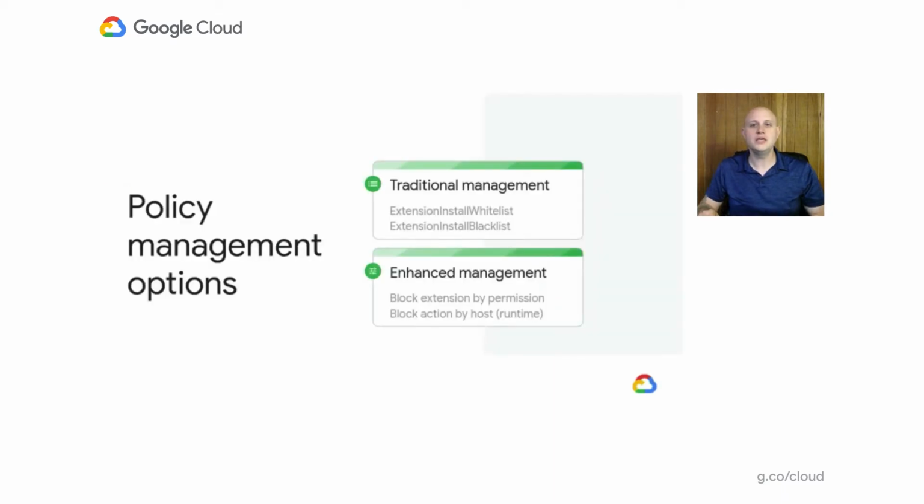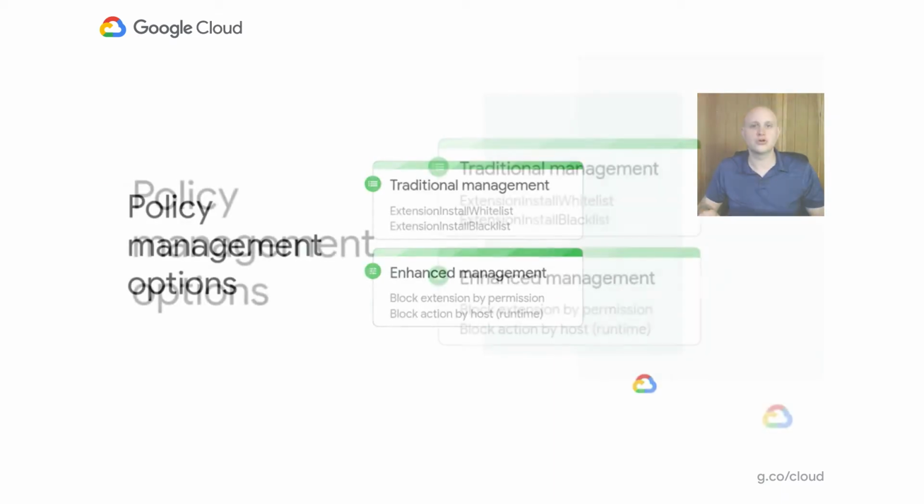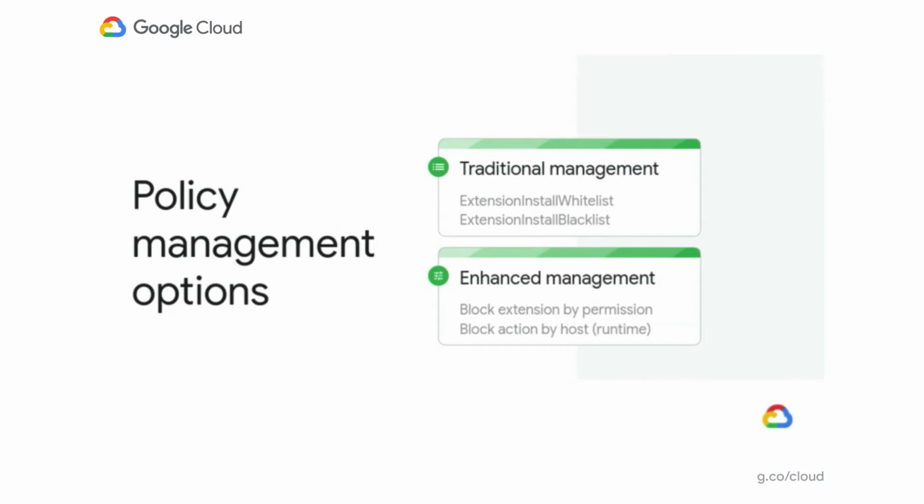The first would be traditional management. So this is your allow and block list. Extensions that are on your allow list can always be installed, and they have full access for users to be able to install them. Either you're pushing them out through policy, or they can install them directly from the Chrome Web Store. And then you have your block list, where these are the extensions that you will never allow to be installed.